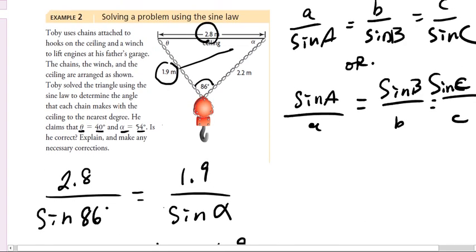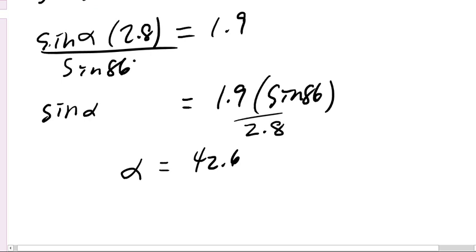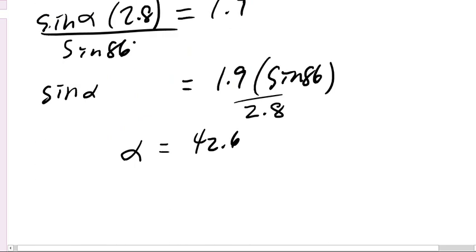And then you would do the same thing for theta here. You could use the original pairing: 2.8 over sine of 86 equals 2.2 over sine of theta. So use the same pairing if you want.